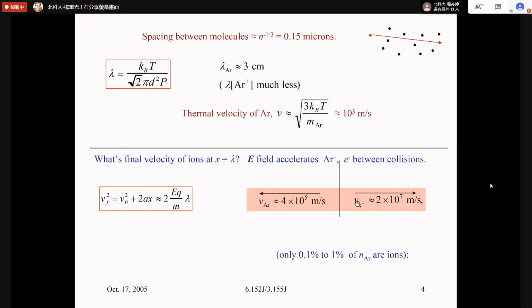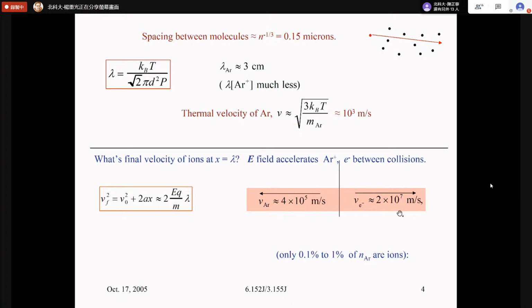Why does it have two orders of difference? Professor, electron is smaller than atom. Right. If they share the same momentum, the velocity is inversely proportional to the mass of the argon ion and the electron. So this is the reason the electron has a faster velocity.